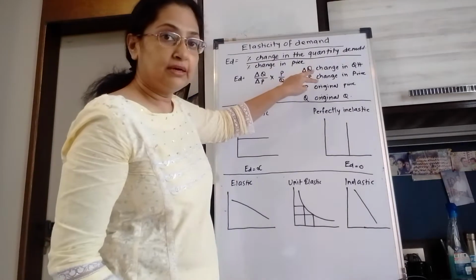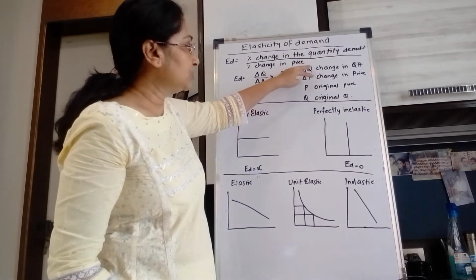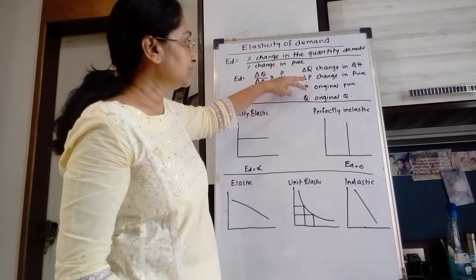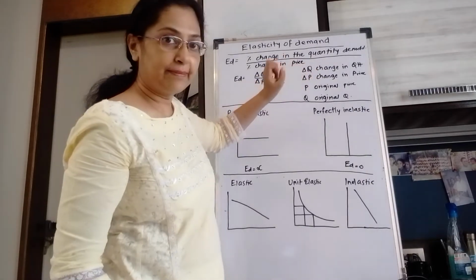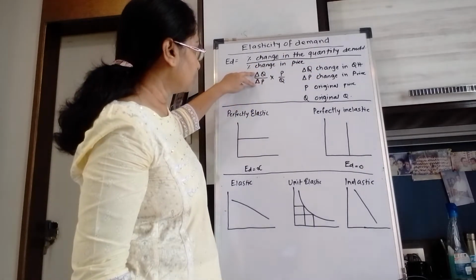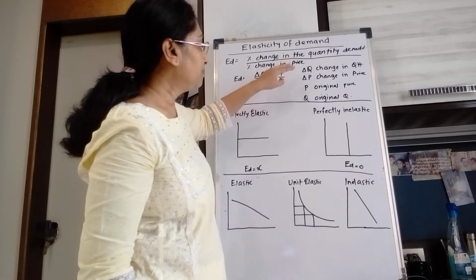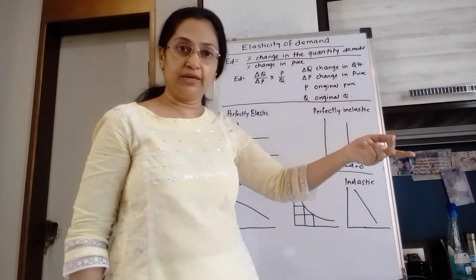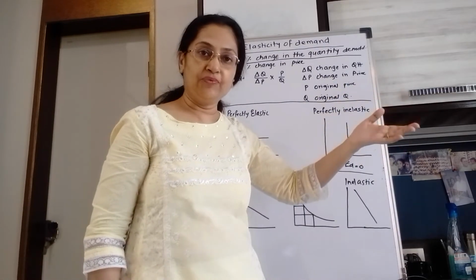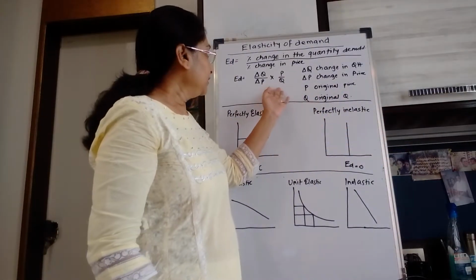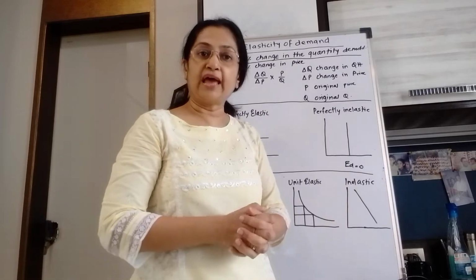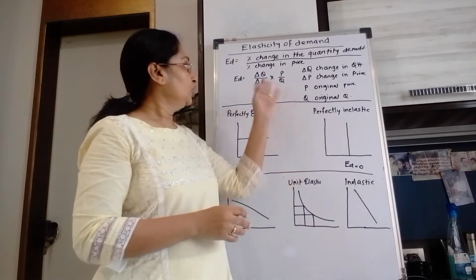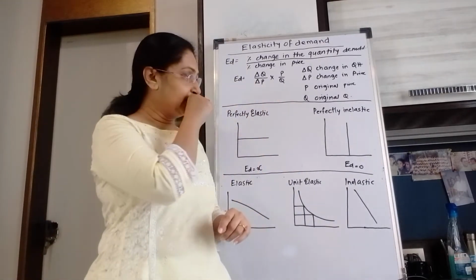The difference in the quantity demanded is denoted by delta Q. The difference in the price is denoted by delta P. There's a ratio of that multiplied by the price in the numerator and the quantity in the denominator of the original value. And thus you can get ED. You don't have the numericals, but you will have to remember this particular formula.